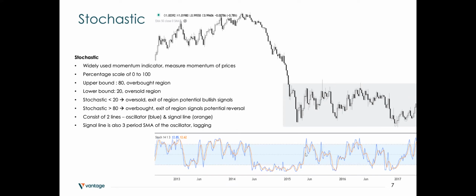And as prices move back up, when the momentum of the upward pressure is there, your stochastic will move up as well. Basically it oscillates between 0 and 100 as prices move. As long as there's volatility and prices move up and down, the oscillator will reflect that move accordingly.